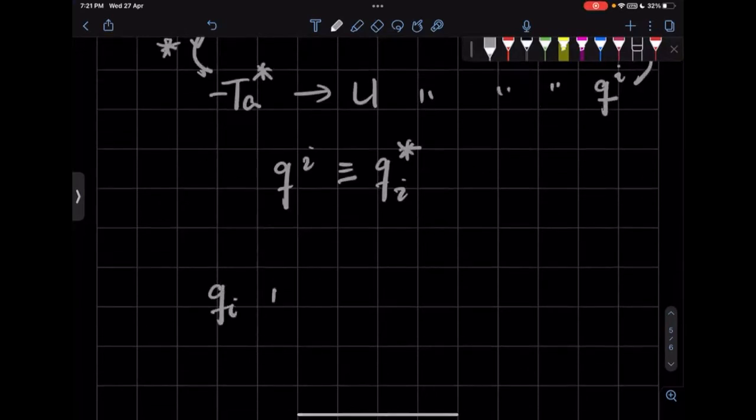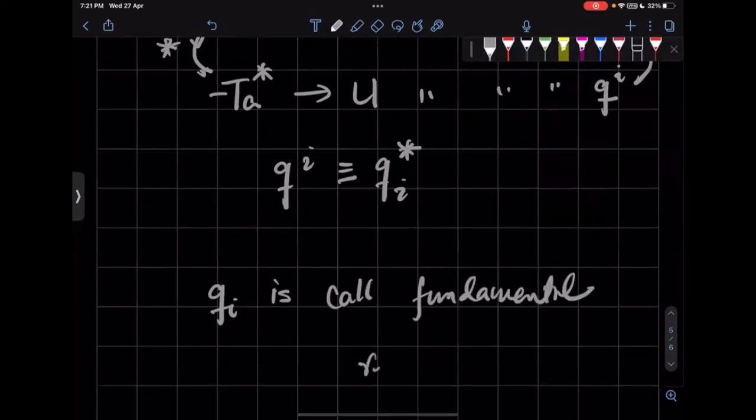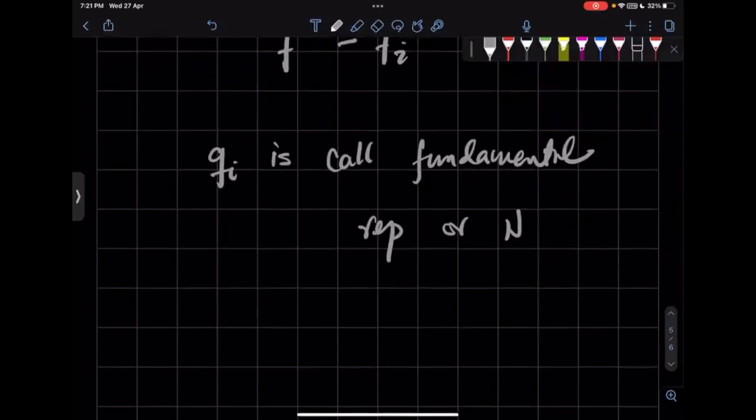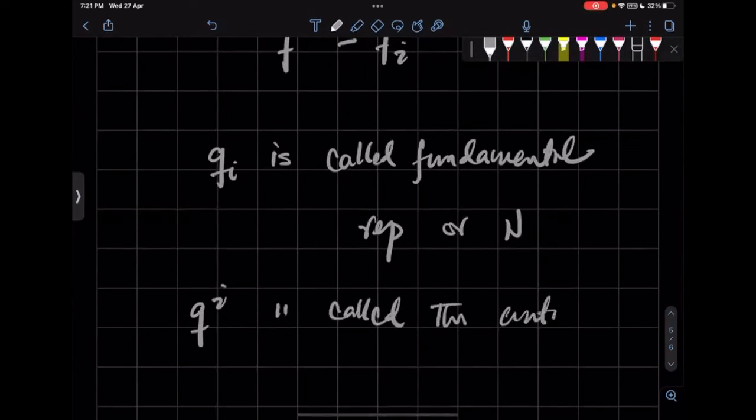Okay, so QI is called the fundamental representation, or N, as we mentioned before. But QI upstairs is called the anti-fundamental representation, or N bar. Okay, this is physics language.